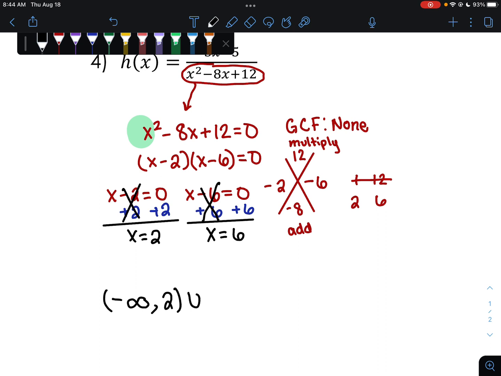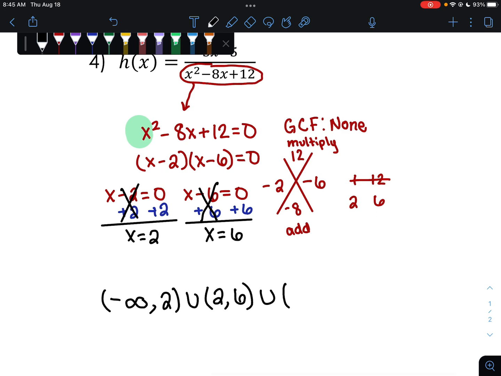Then I pick up on the other side of 2, and I go until I hit positive 6, because there's another value there that would make me divide by 0. And then I stop. And then I pick up on the other side of 6, and I keep going all the way until I get to infinity, and then I'm done. So this right here would represent the domain for number 4.